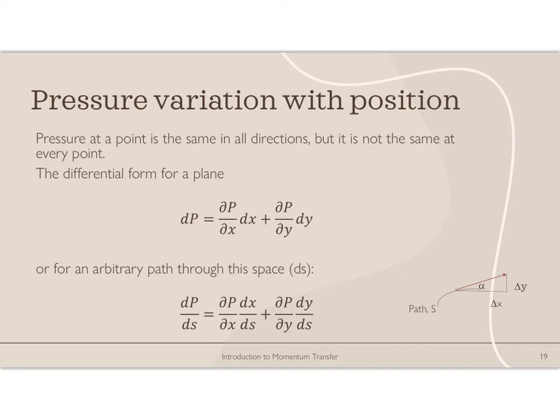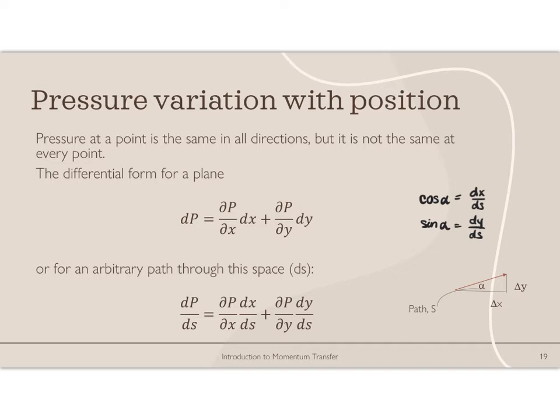So you may or may not recall from when you took Calculus 3, but these ∂P/∂x and ∂P/∂y pieces, those are what we would term directional derivatives. So they're how the P varies in the directions x and y. Now we can use trig to convert the dx/ds and dy/ds terms to trigonometric functions of this angle alpha.